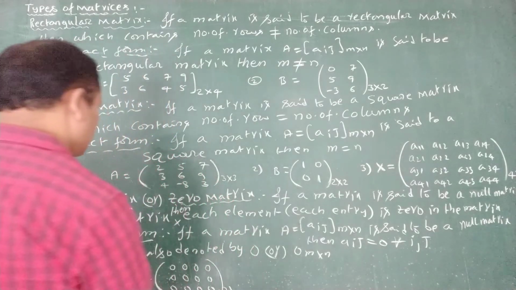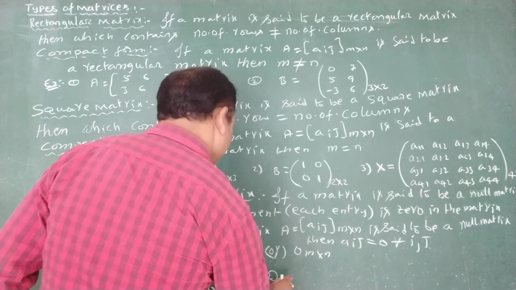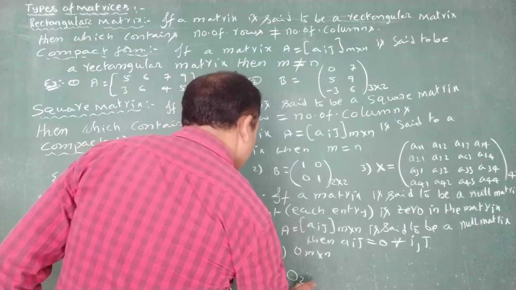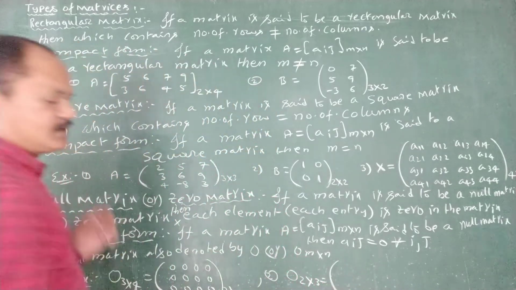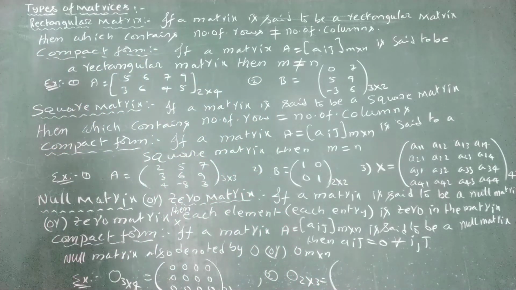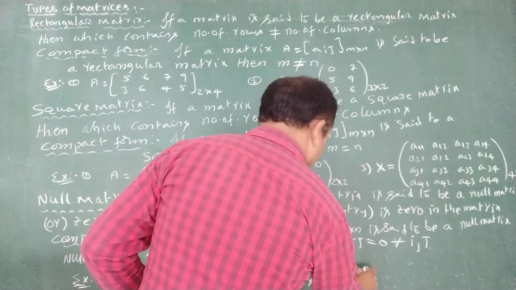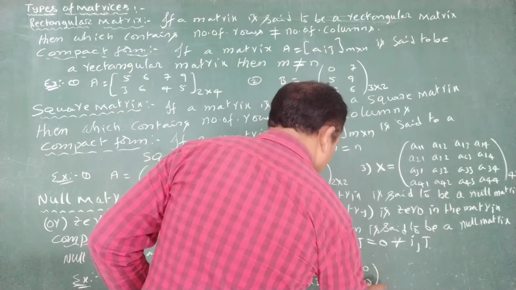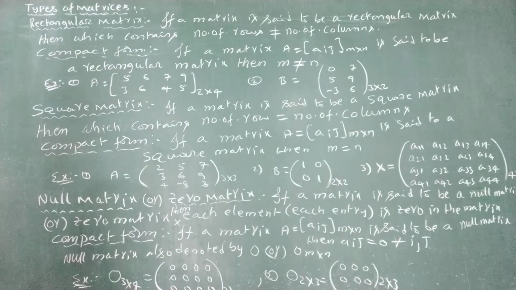Another example, Example 2: O 2 by 3, which contains 2 rows and 3 columns, all entries 0.